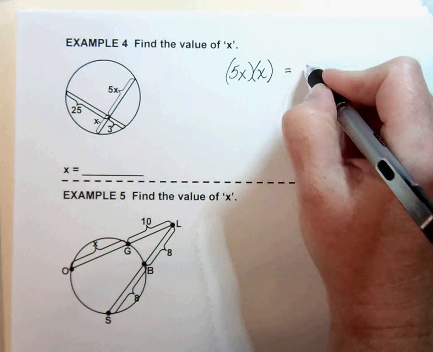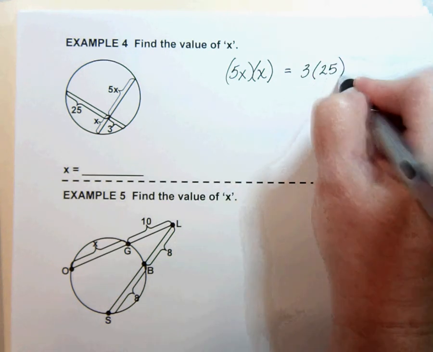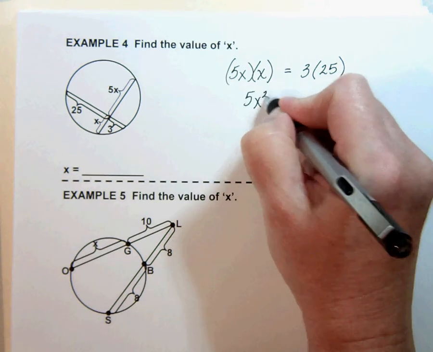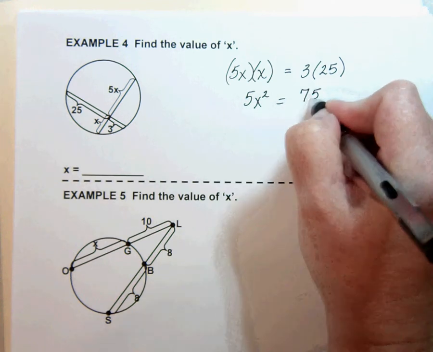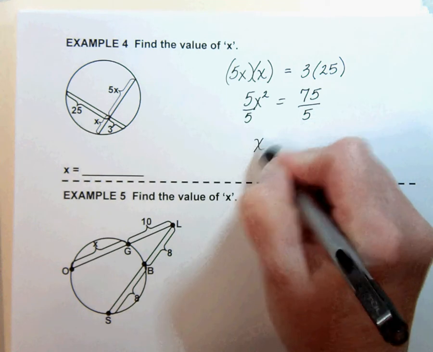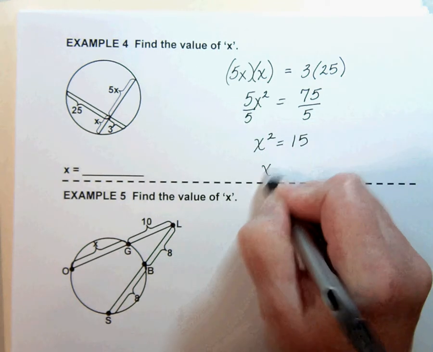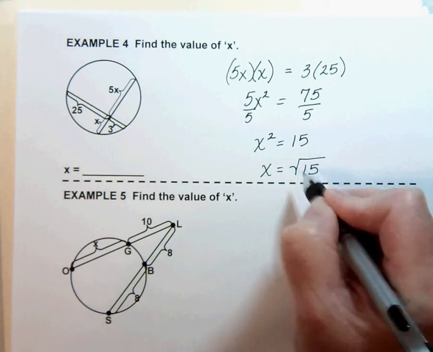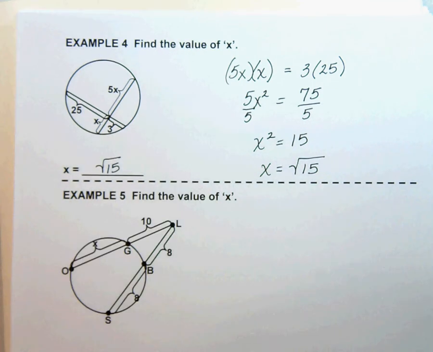Set that equal to the product of the other 2 segments, 3 and 25. 5x times x is 5x squared. 3 times 25 is 75. You're going to divide both sides by 5. Your x squared would be 15. If you take the square root of 15, it'll give you a decimal, so let's leave this one in radical form. Square root of 15.